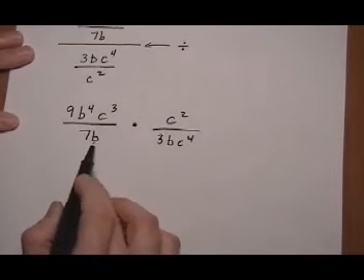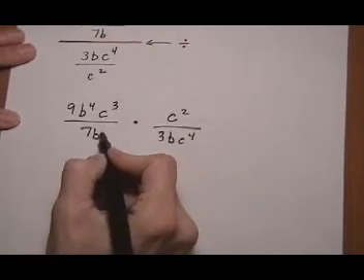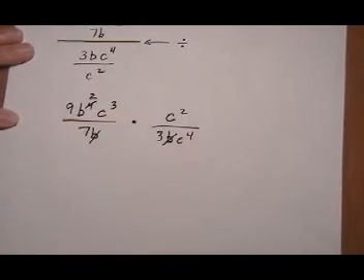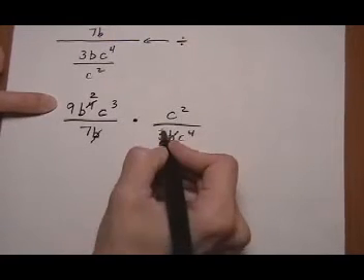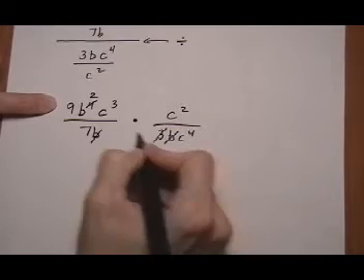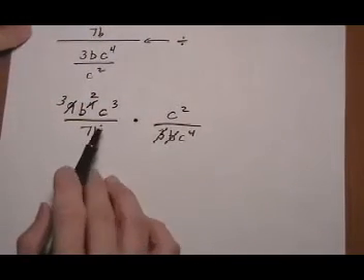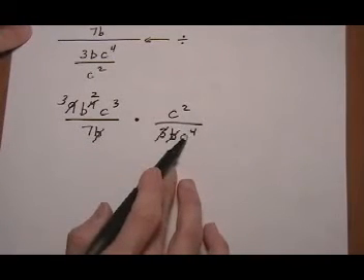We've got 2 b's on the bottom, 4 up top. So I can cancel 2 and cancel 2 of these, and I'll be left with b squared. And the 3 goes into the 9. Divide by 3 leaves me a 1. Divide by 3 leaves me a 3. For the c's, I have a total of 5 on top and 4 on the bottom.